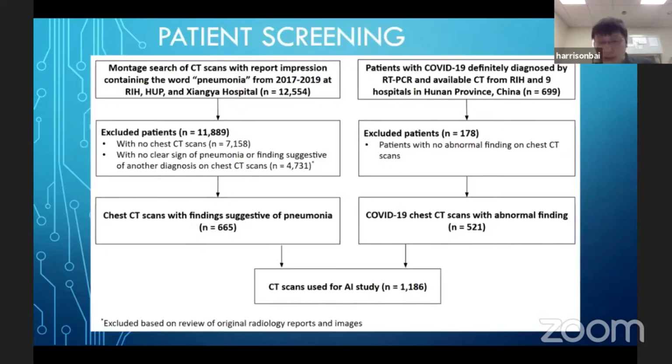So in terms of study design, we basically designed the study to distinguish COVID-19 pneumonia from pneumonia of other etiologies.